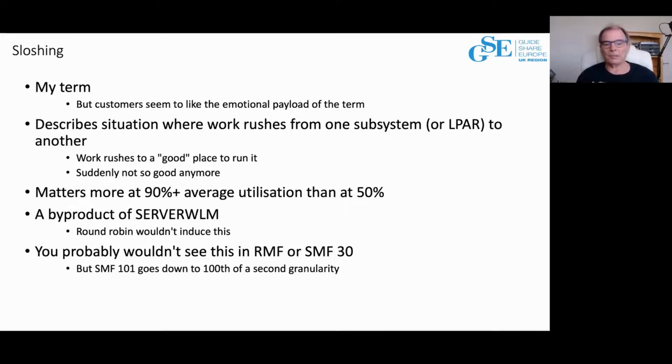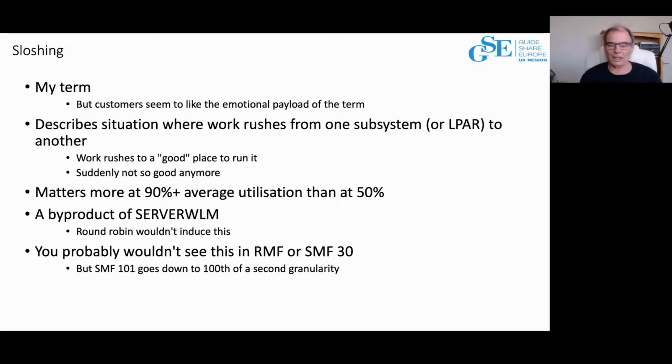Now, this is really a byproduct of server WLM, which is really about placement recommendations and health and decisions. Round robin as a method probably would not induce, I don't see how it really could induce, wild oscillations and sloshing. I will say you probably wouldn't see this sort of evidence or counter evidence in RMF or SMF30 because they're simply smoothing out over much too long a time range.